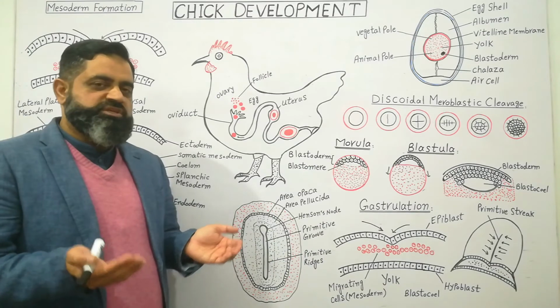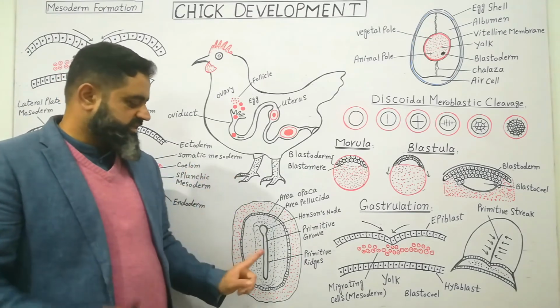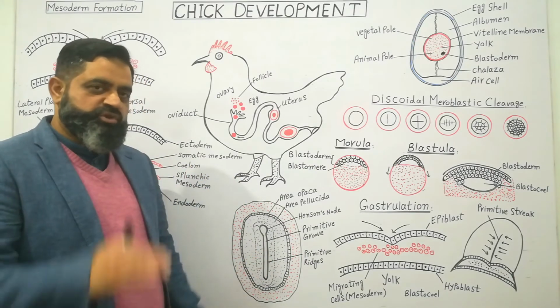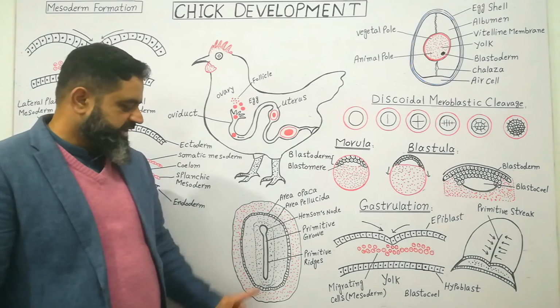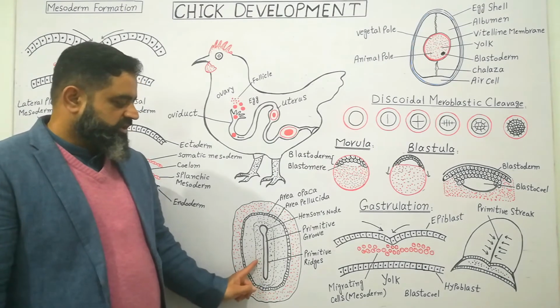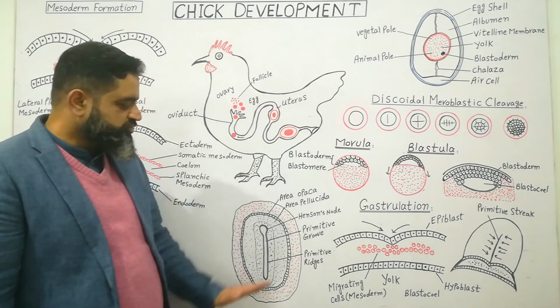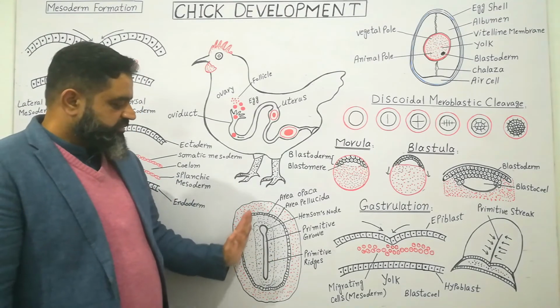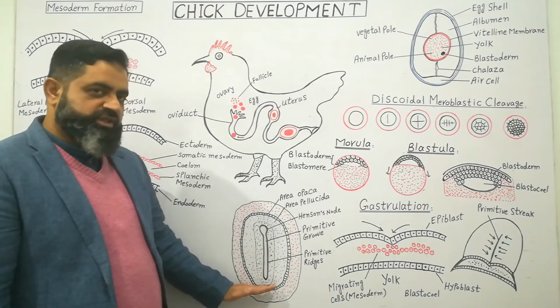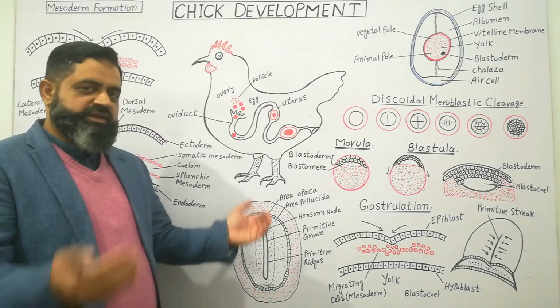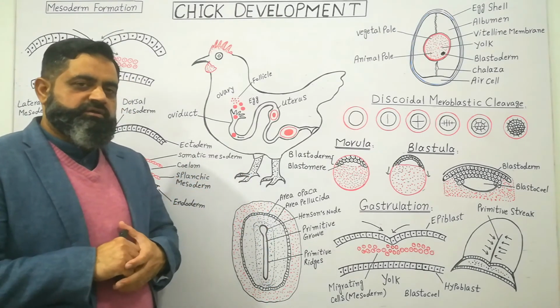From this primitive groove, cells migrate inside the embryo between the two layers and will form mesoderm, and the ridges present on the corners of this groove are known as primitive ridges. So in this way, cells from the cephalic end to the caudal end and from the lateral sides migrate inside the embryo.